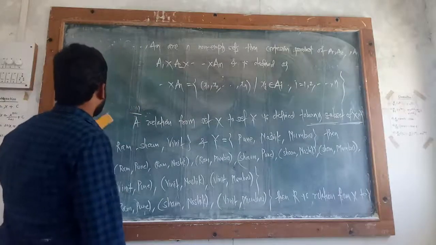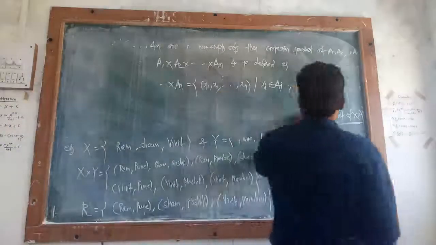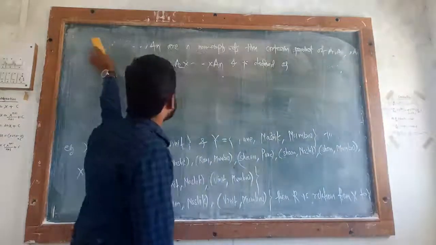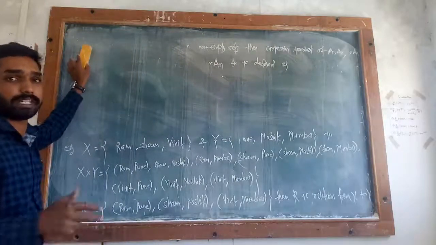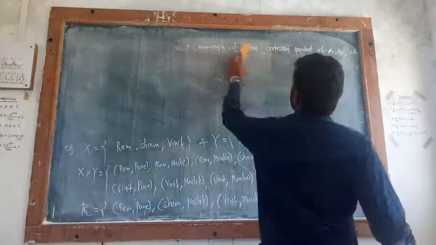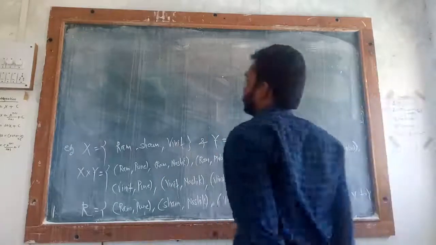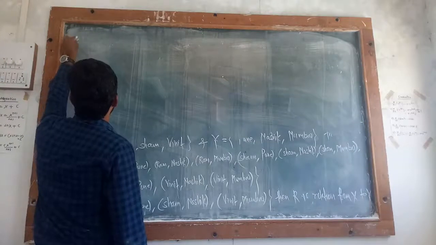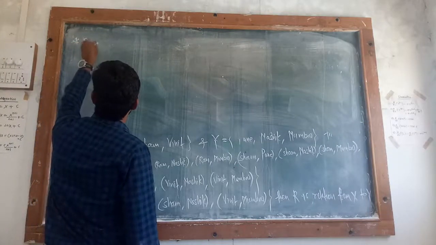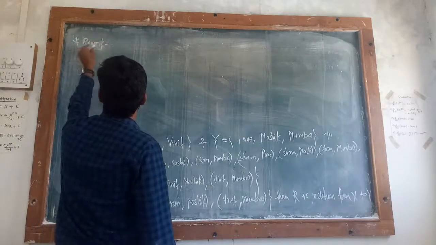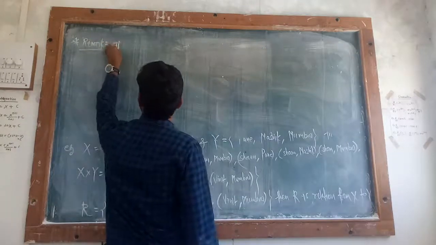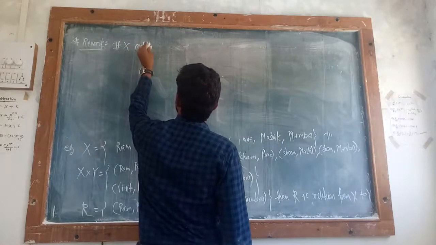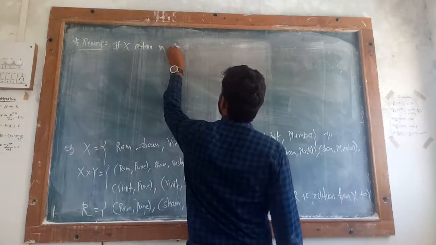Your remark is: if X contains m elements and Y contains n elements, then how many relations are there from X to Y? Write down the remark.